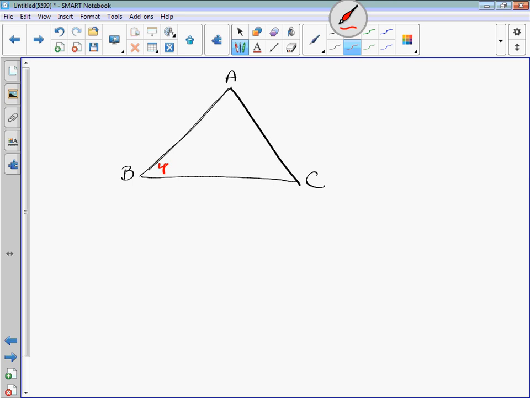Okay, so that is the first triangle you solved for. All right, what's going to happen is this side over here is going to move, and it's going to come over here.